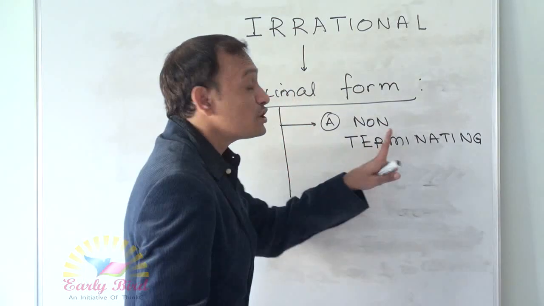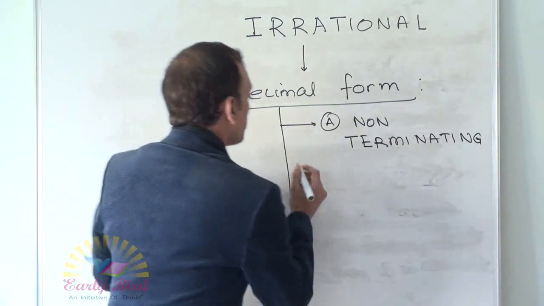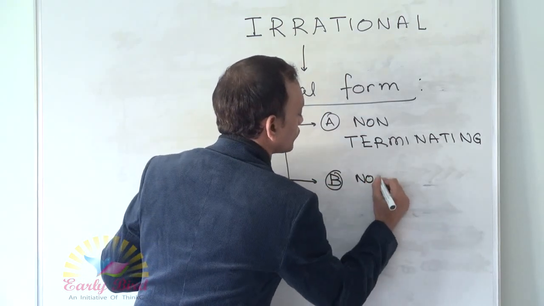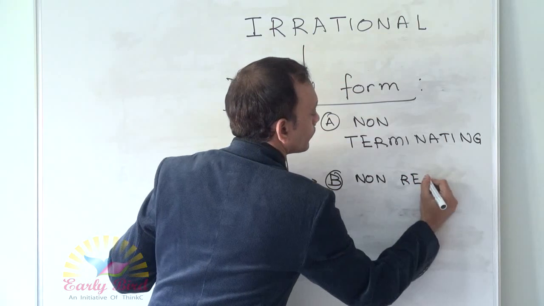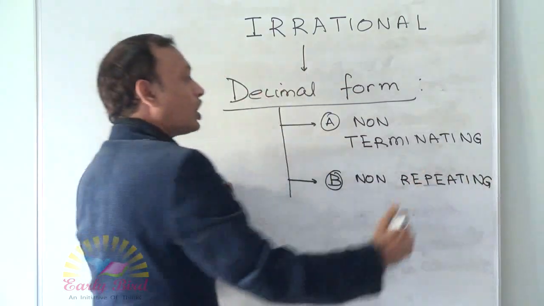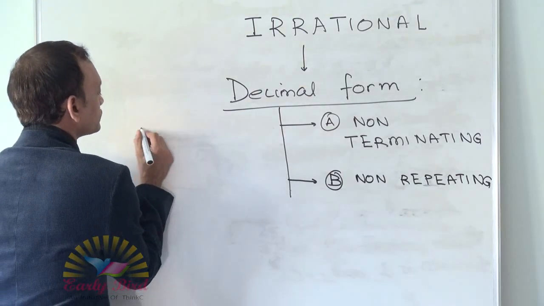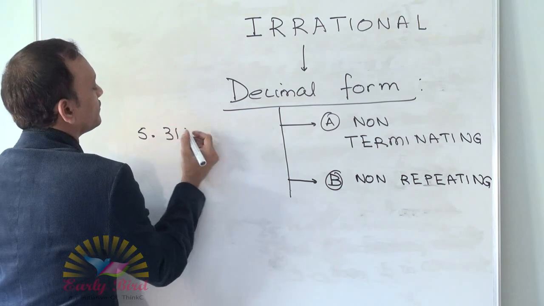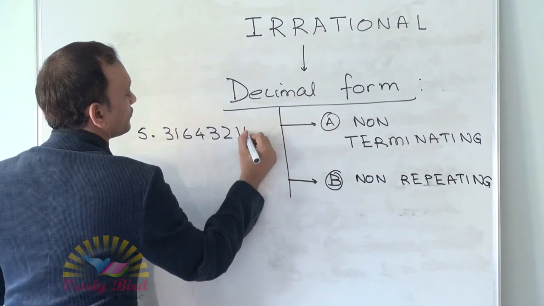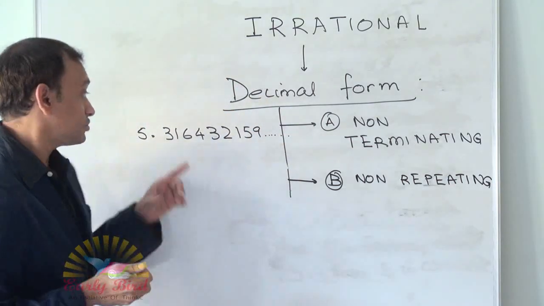But if the decimal portion is not just non-terminating, but is also non-repeating, not just non-terminating but non-repeating. For example, if I had 5.316432159, etc. This goes on forever.